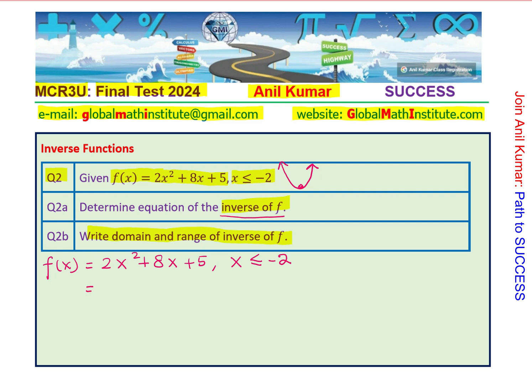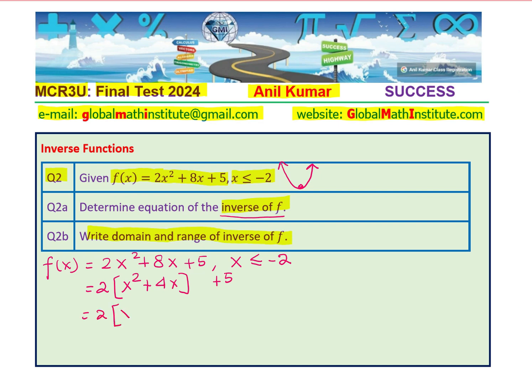We'll complete the square, taking 2 as a common factor from the first two terms. We get x² + 4x. Keep 5 aside. Now we have to add and subtract half of 4 squared, which is 2 squared.